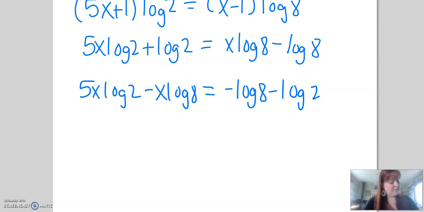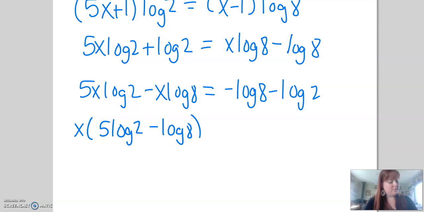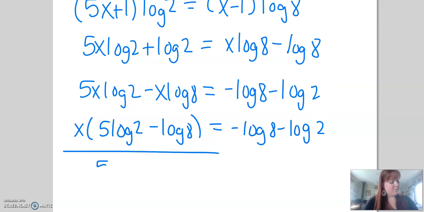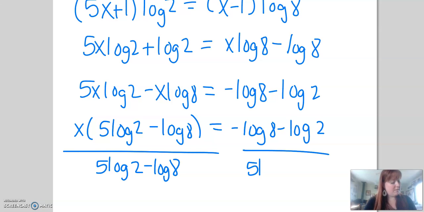And then I bring the x out, and I have 5 log 2 minus log 8 equals negative log 8 minus log 2. Then we divide both sides by 5 log 2 minus log 8. Okay, and so we end up with x equals that whole thing.